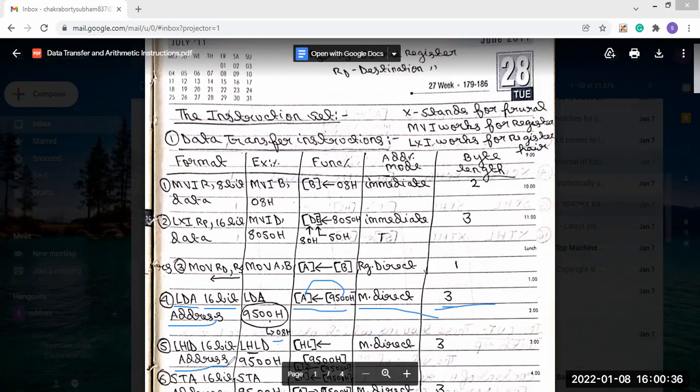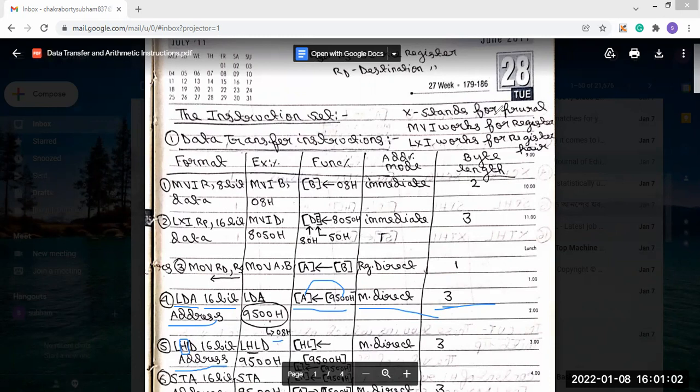Now what does LHLD perform? It directly loads the HL register pair. This HL is a register pair, so it will store into the H and L registers.